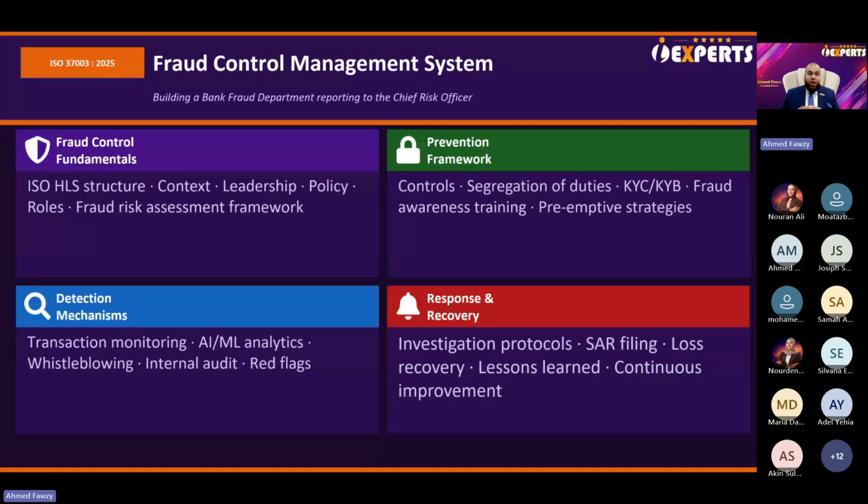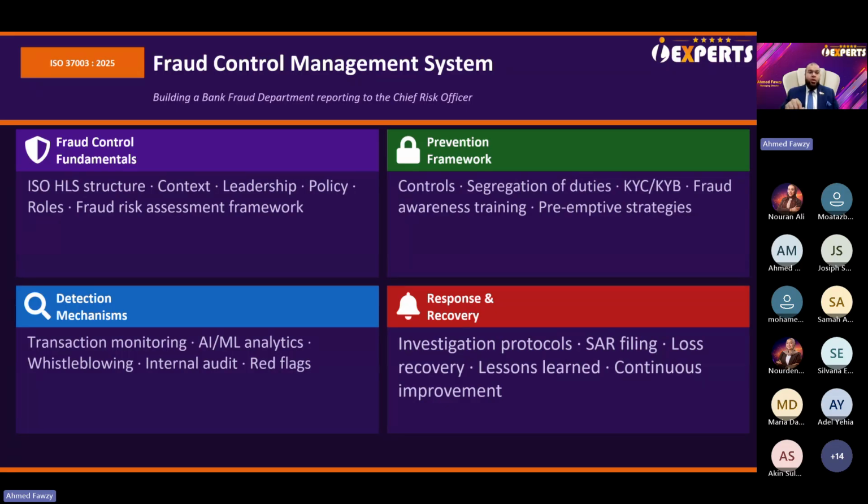And once it is established, you will have the PDCA, which includes a check, including the internal audit. The internal audit is extremely important, and the red flags as well. We will also speak about transaction monitoring, every transaction monitoring. It goes without saying that AI and machine learning play a very great and important role in having all of these transactions reviewed and managed, and any fraud detected on time.